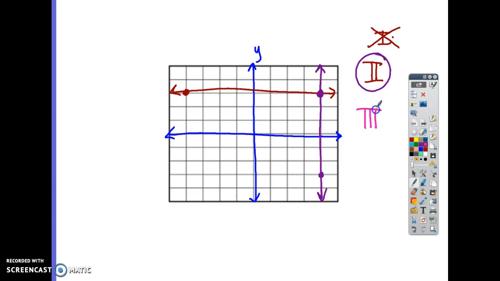Change colors. Line number 3, (-4, -3) and (4, -3). Those 2 points form a horizontal line that is not parallel to the y-axis.